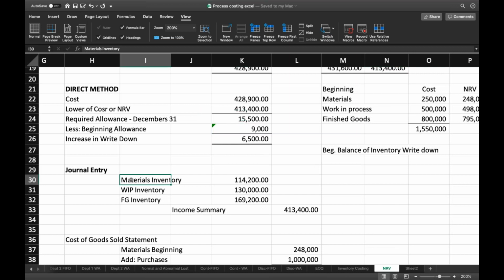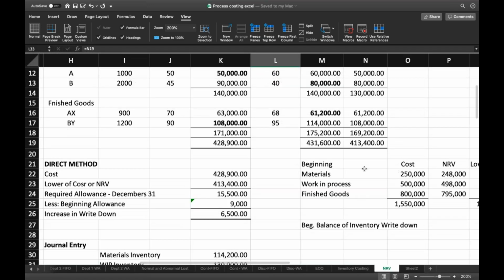So debit materials inventory at lower of cost or NRV, work in process 130, finished goods at 169, credit income summary 413,400. Okay, so yung ending inventory natin na write down na natin directly at 413,400.